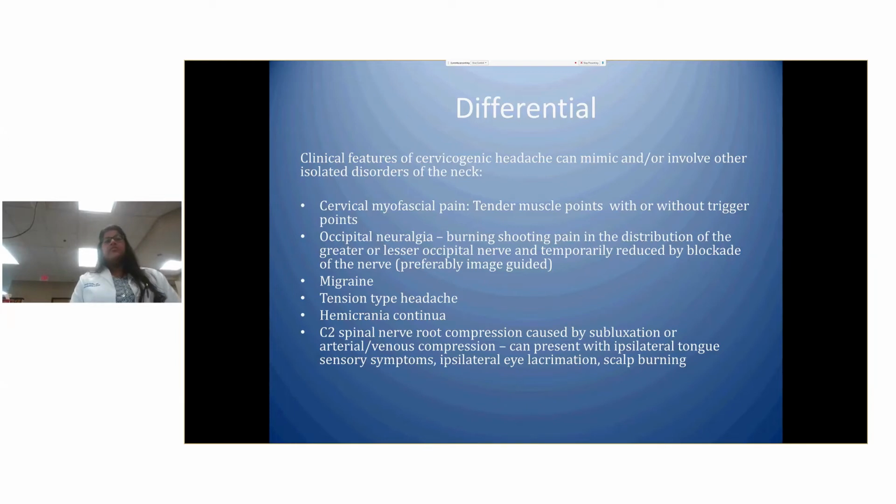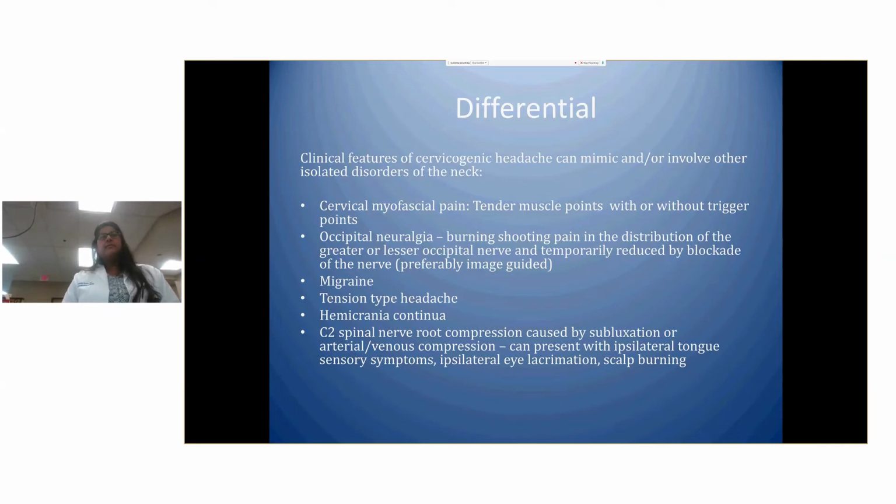Cervical myofascial pain is probably one of the most common things I see in the office, including tender muscle points with or without trigger points. Occipital neuralgia, which is described as a burning, shooting pain in the distribution of the greater or lesser occipital nerve, and can be temporarily reduced by blockade of the nerve, preferably image guided.